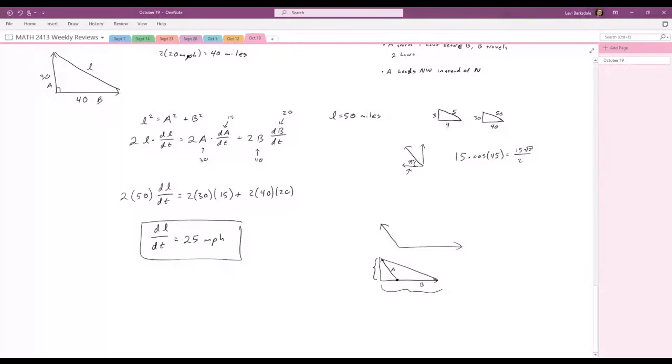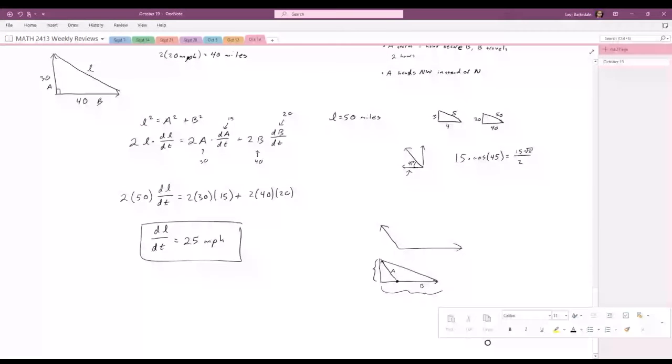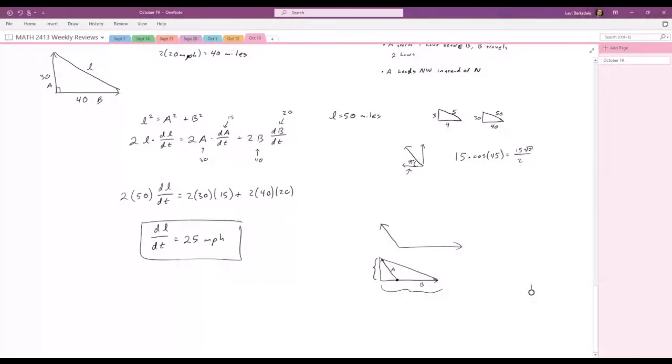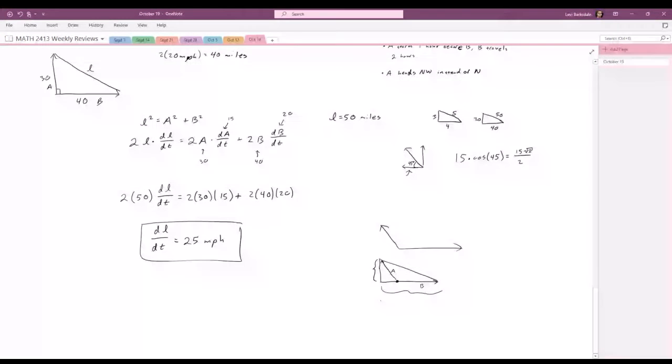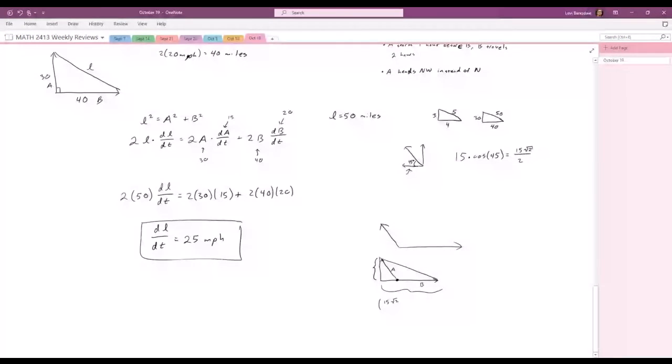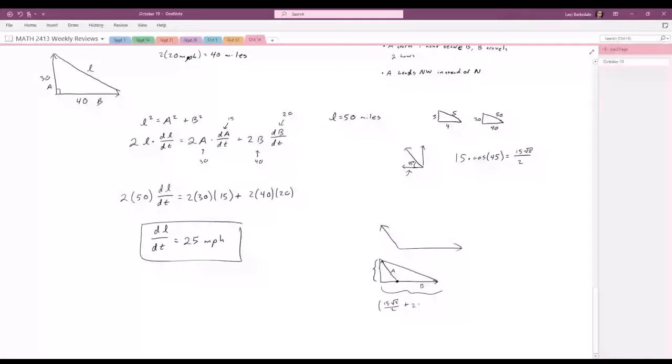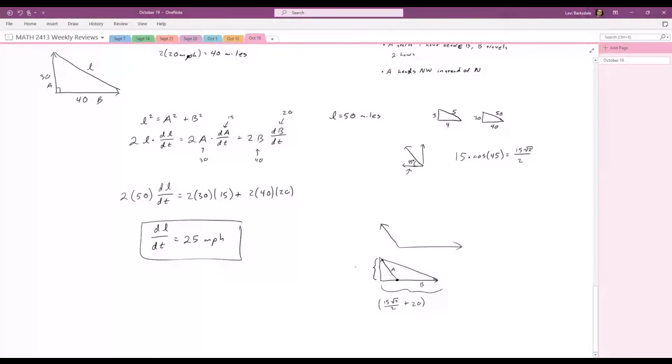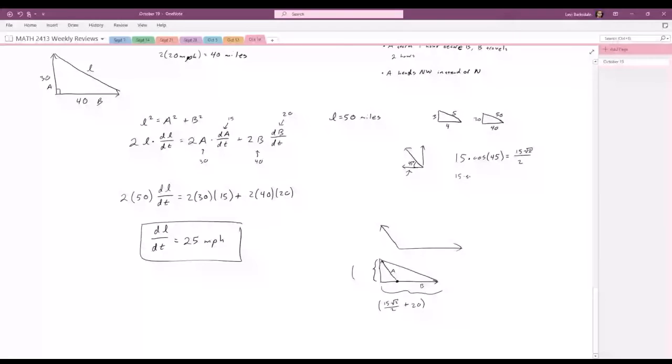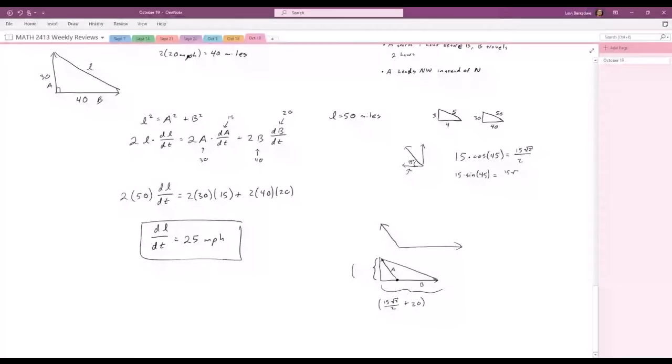So we could write this out as: this side length would be the horizontal component of A, so 15 root 2 over 2, plus the speed of B, so plus 20. And this vertical component would be 15 times the sine of 45 degrees, which is also 15 root 2 over 2.